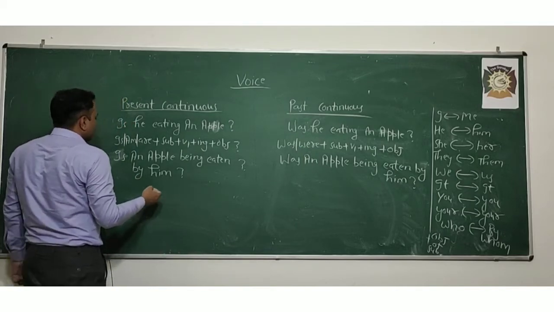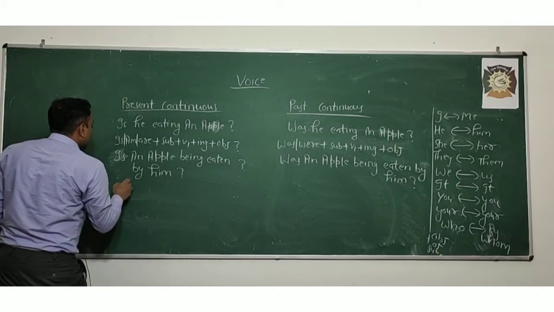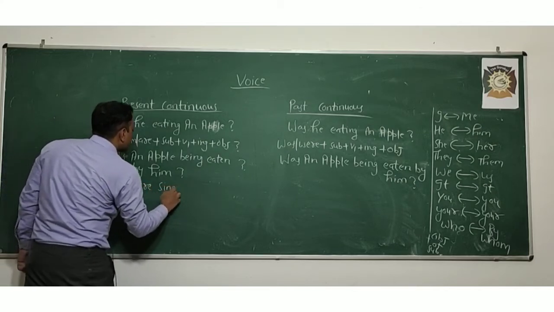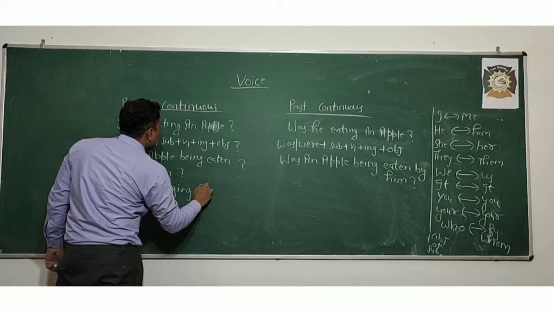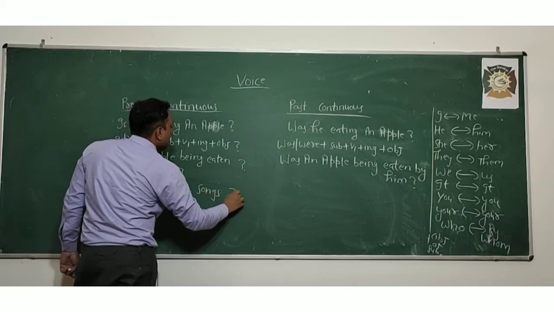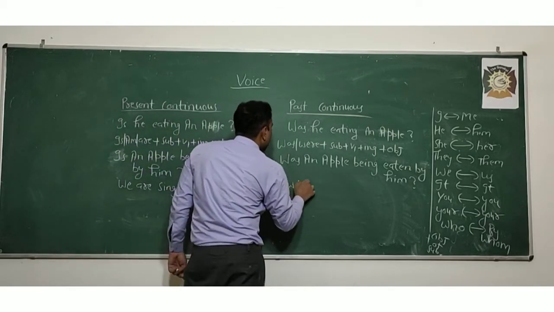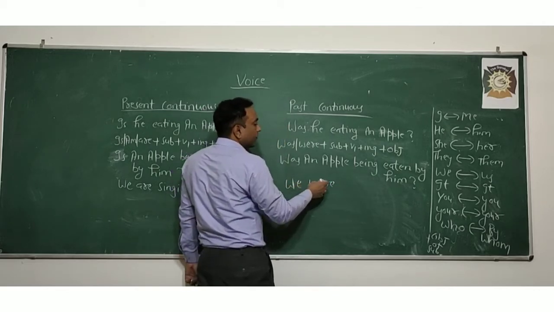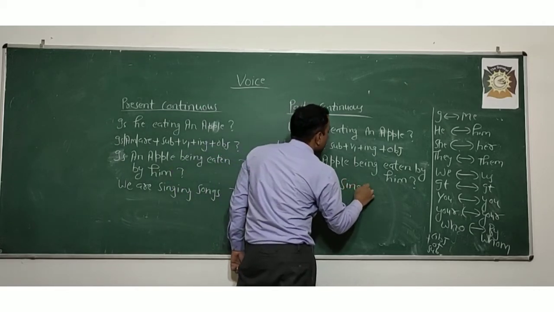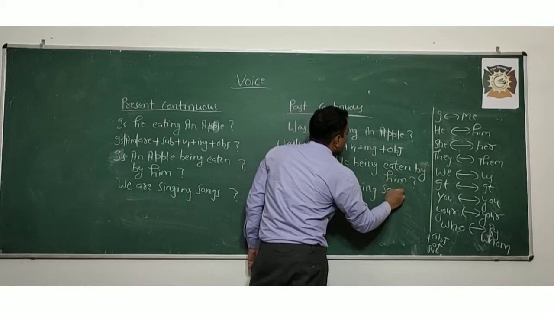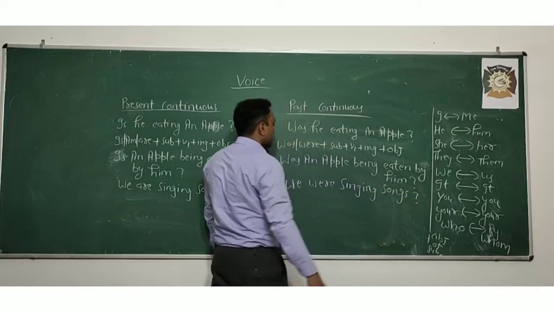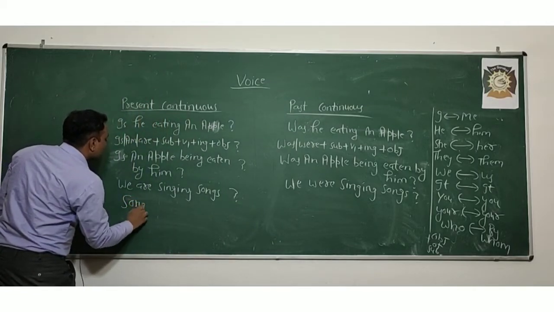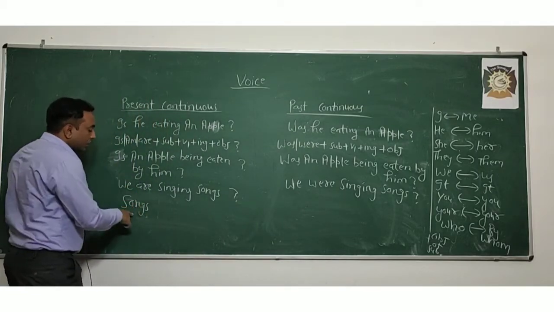And the sentence: we are singing songs. We are singing songs. We were, because we is a plural subject, then we were singing songs. We were singing songs. So how to change it? Songs means many songs, not only one song. Songs plural.